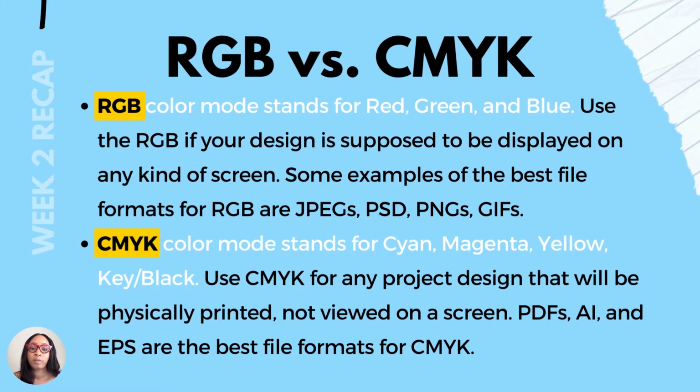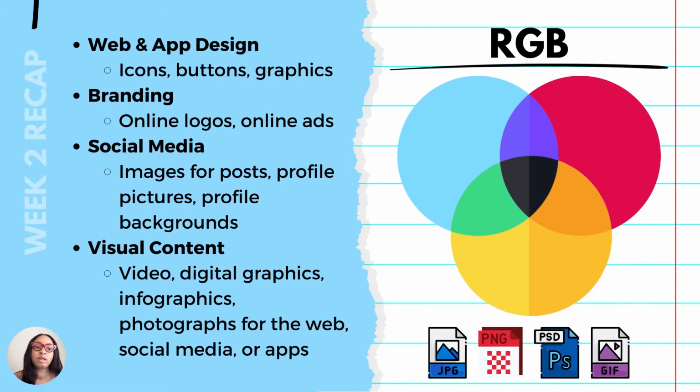So to continue with CMYK, PDFs, AIs, and EPS are the best file formats. So we're going to discuss that a little bit more. So in regards to RGB, RGB color mode is used for web and app design, such as icons, buttons, graphics, branding, such as your online logos, online ads, social media, such as your images for posts, profile pictures, and profile backgrounds, as well as visual content.